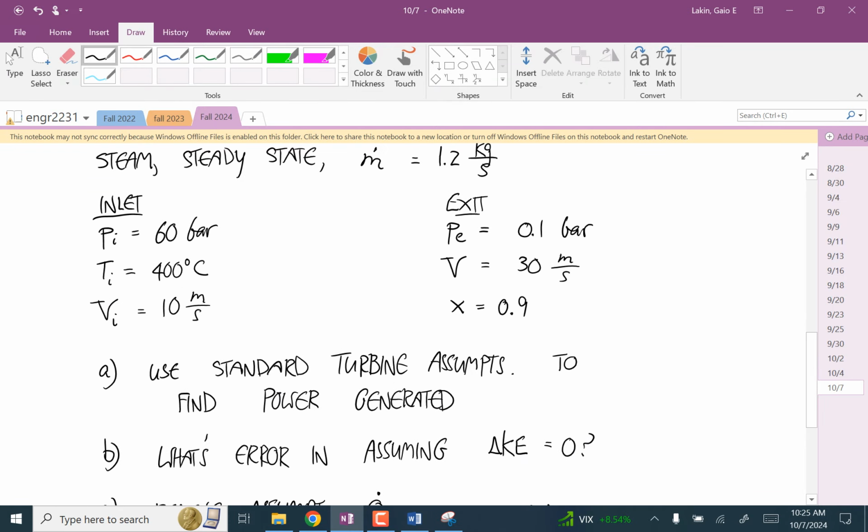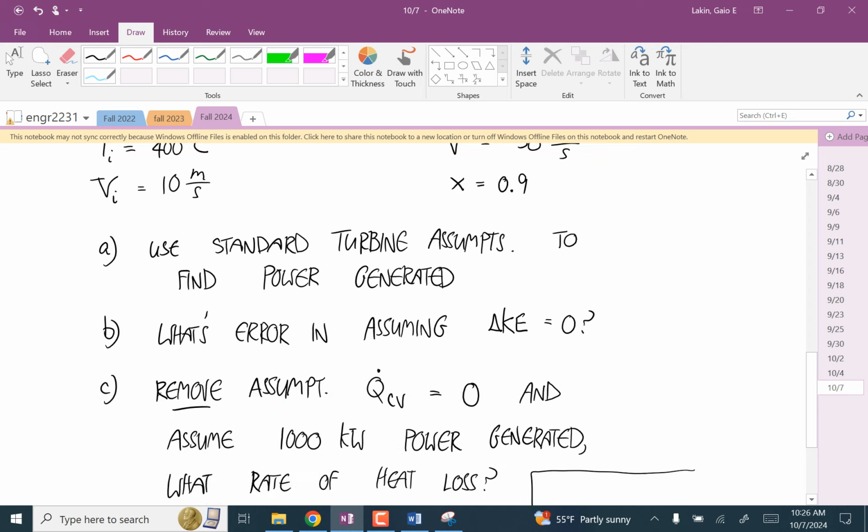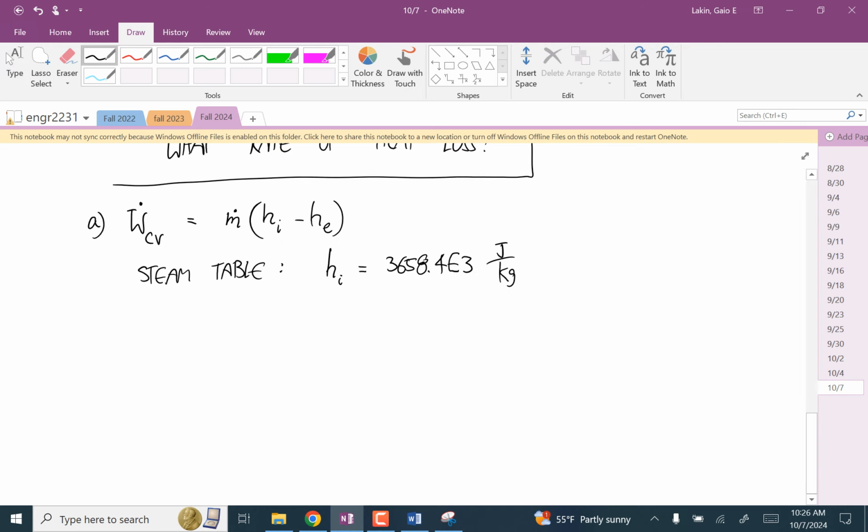And then at the exit, we're told the quality here. So we know it's saturated. The fact that it gives you a quality says we know it's saturated. So we can use a saturation table, which means that a pressure is enough to look stuff up. Okay, so from the saturation table, think about how you'd have to look this up.